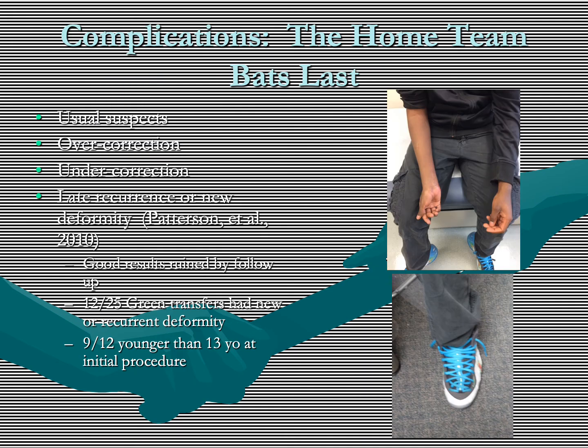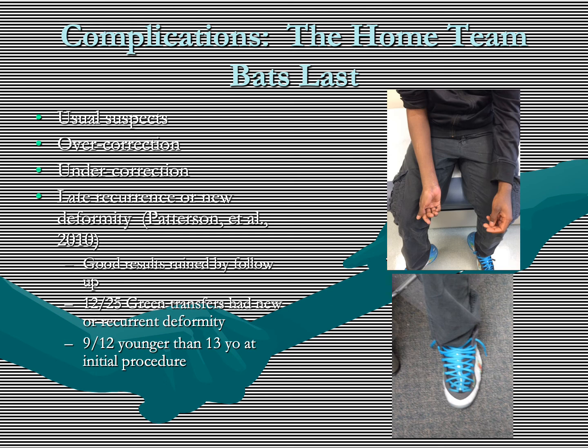What about complications? The home team always gets to bat last. And so you do your surgery, and then the patient does what the patient's going to do. There are all the usual suspects: infection, nerve or tendon injury, as well as stiffness. But in this field, the most common problems are overcorrection and undercorrection and late recurrence of deformity.